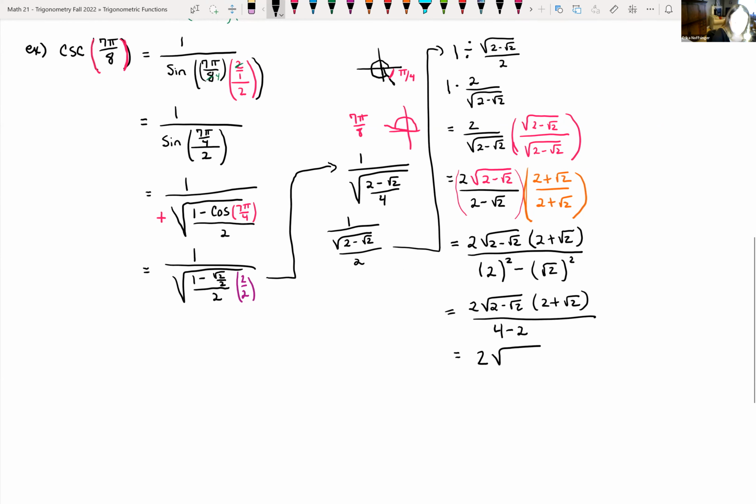So I have 2 square root of 2 minus root 2, all times the quantity 2 plus root 2, all over 2. And so our 2's cancel, because this was strictly multiplication in between, leaving us with square root of 2 minus root 2 times 2 plus root 2.